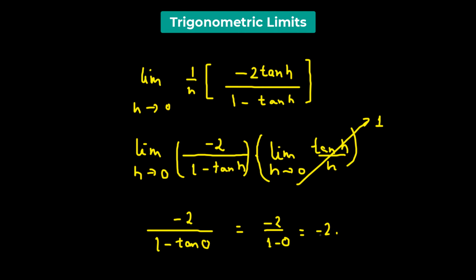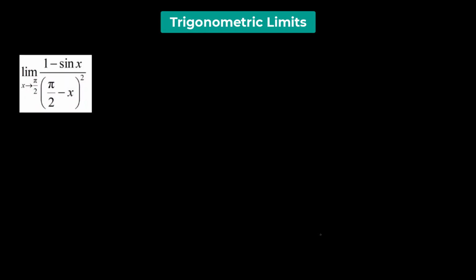So let us move on to the next question. We have to determine the limiting value of the given trigonometric function when x approaches π/2. Clearly, when we do a direct substitution for the value of x, we are going to get an indeterminate form of 0 over 0, meaning we'll need to simplify the given function by changing the limits.